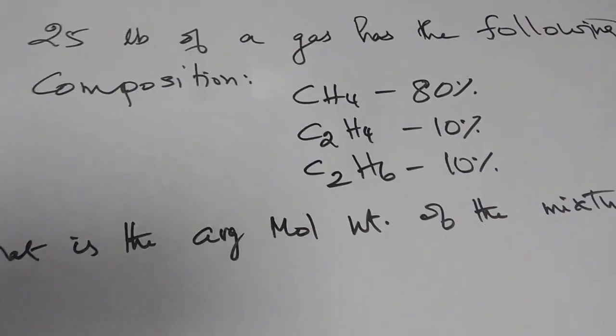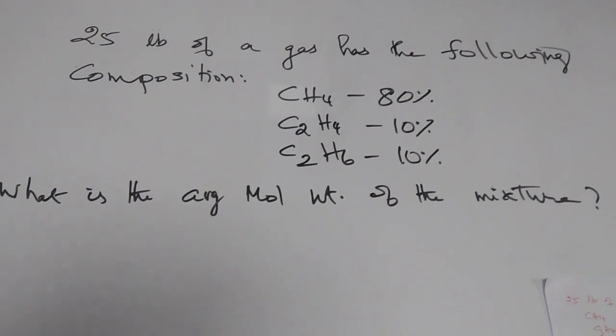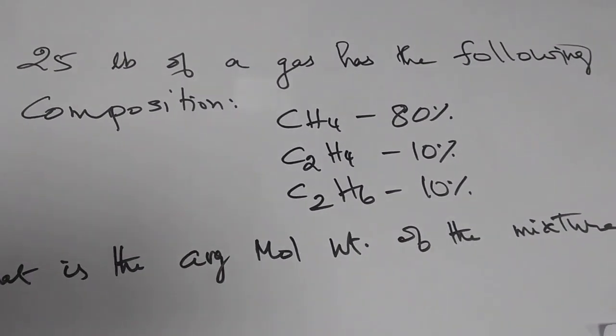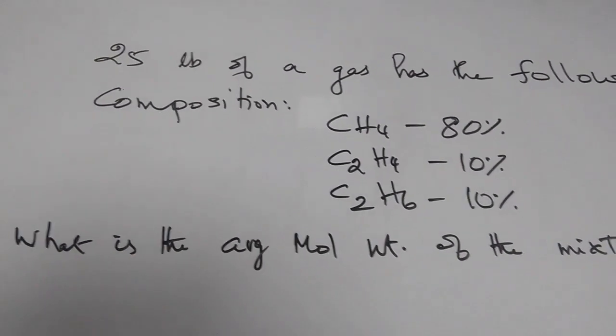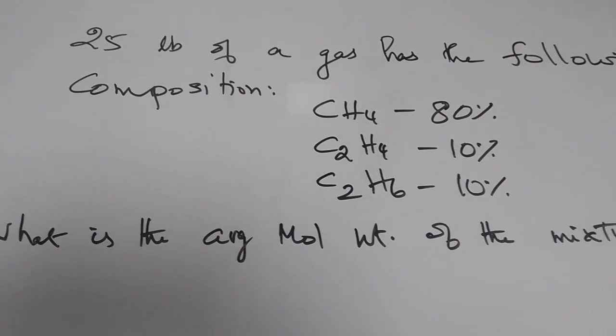What is the average molecular weight of the gas mixture? Composition is given: CH4 80%, C2H4 10%, C2H6 10%. Determine the average molecular weight of this mixture.